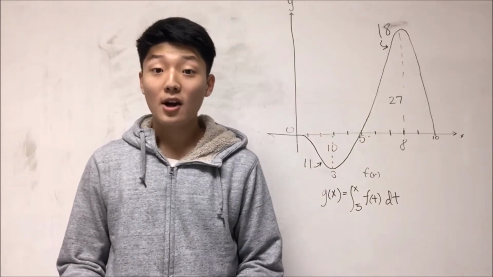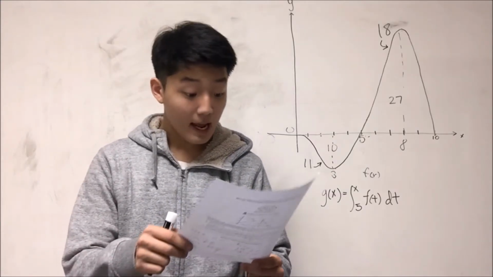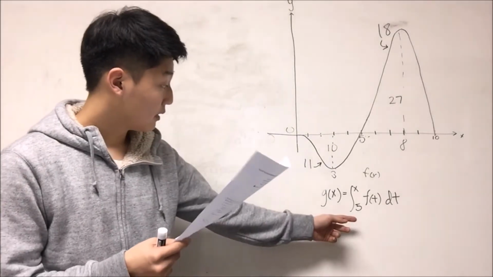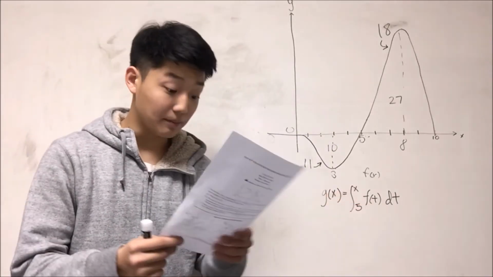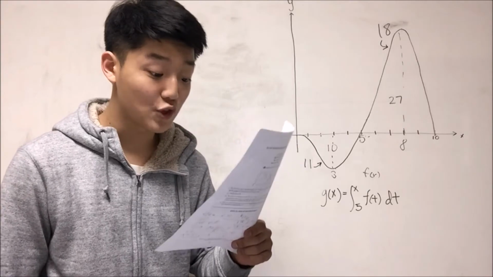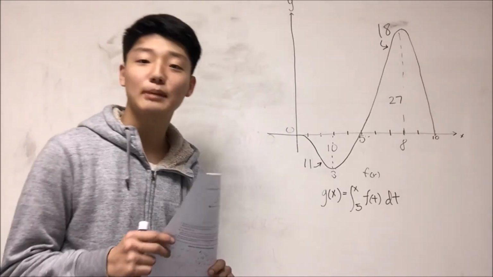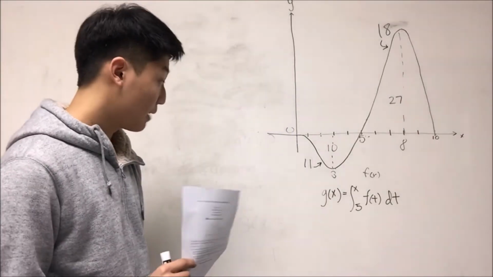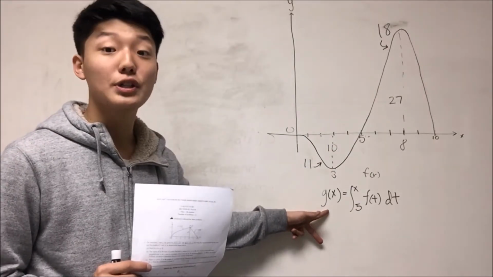Part C. Part C says, let g of x equal the integral from 5 to x of f of t dt. On what intervals, if any, is the graph of g both concave up and decreasing? Explain your reasoning. Before we start, let's change this equation to differentiation.